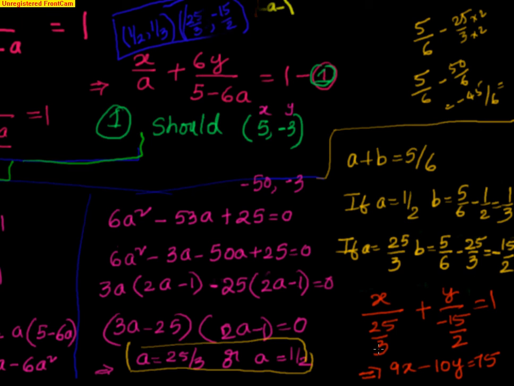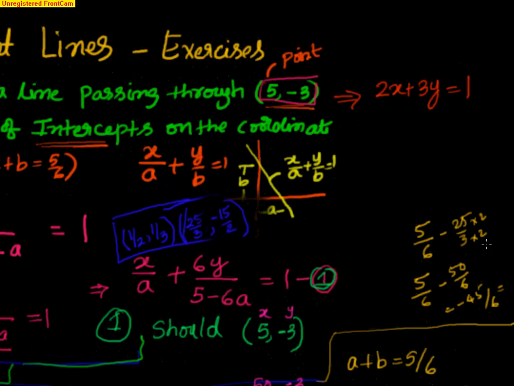How? It's very simple. 3x by 25, 2y by 15, right? 25 and 15 LCM is 75. So you will be simplifying it. You will get it as 9x minus 10y equal to 75. So what is the other equation? 9x minus 10y equal to 75.